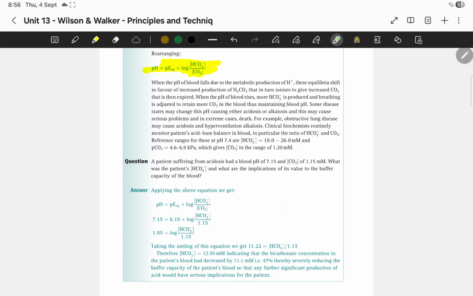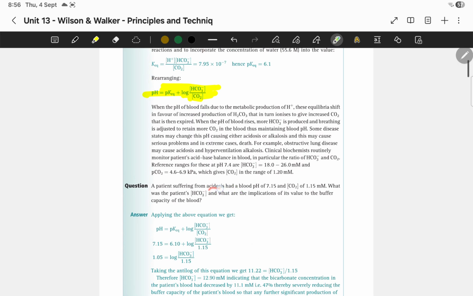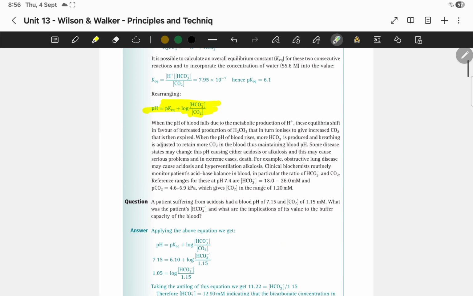So if it is an acidosis, the pH will decrease, that means the CO2 level has increased. The carbon dioxide is 1.15 mM. The normal range is 1.2. What was the patient's HCO3 minus? What is the implication of this value?